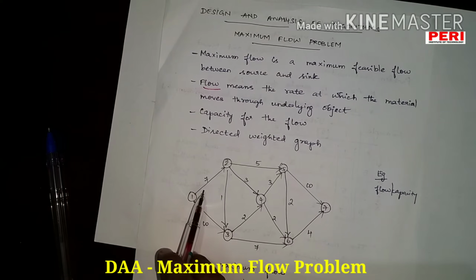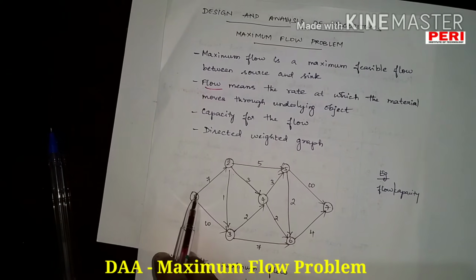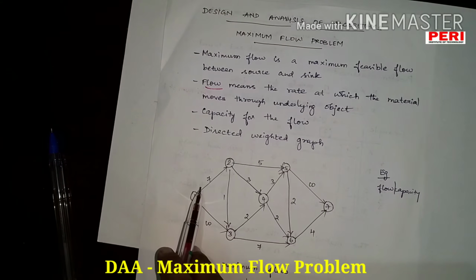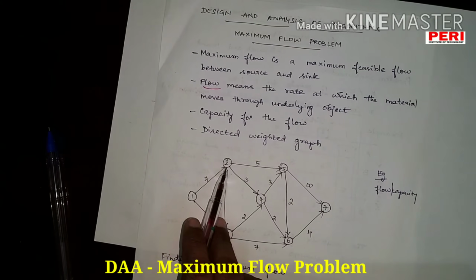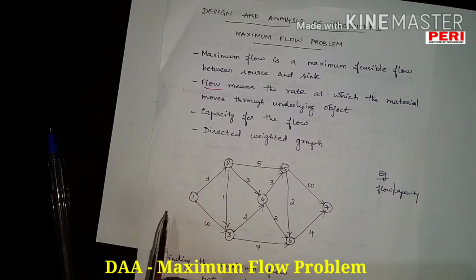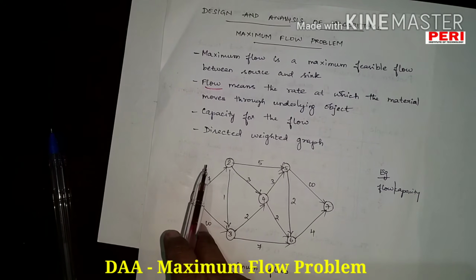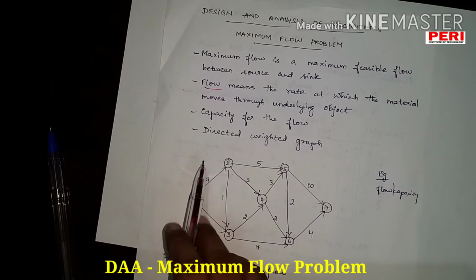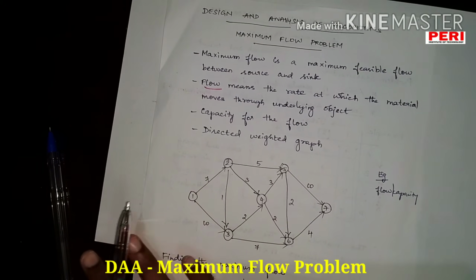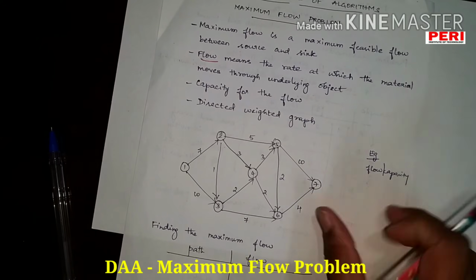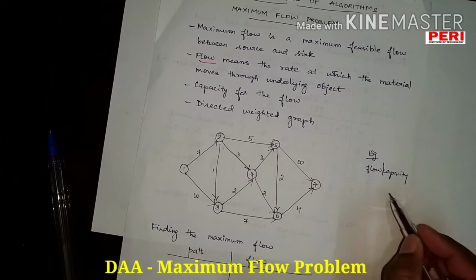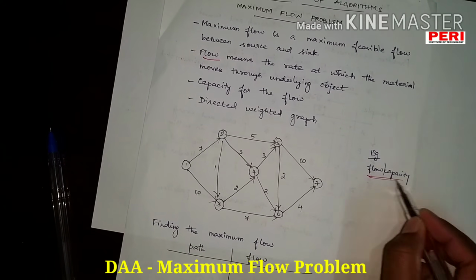So the flow is nothing but the rate at which the material moves through an underlying object. Here the object I am considering is a pipe and the material that I am transmitting is water, for example. There will be something to show the capacity and the flow, which you will specify using this representation, flow divided by capacity.